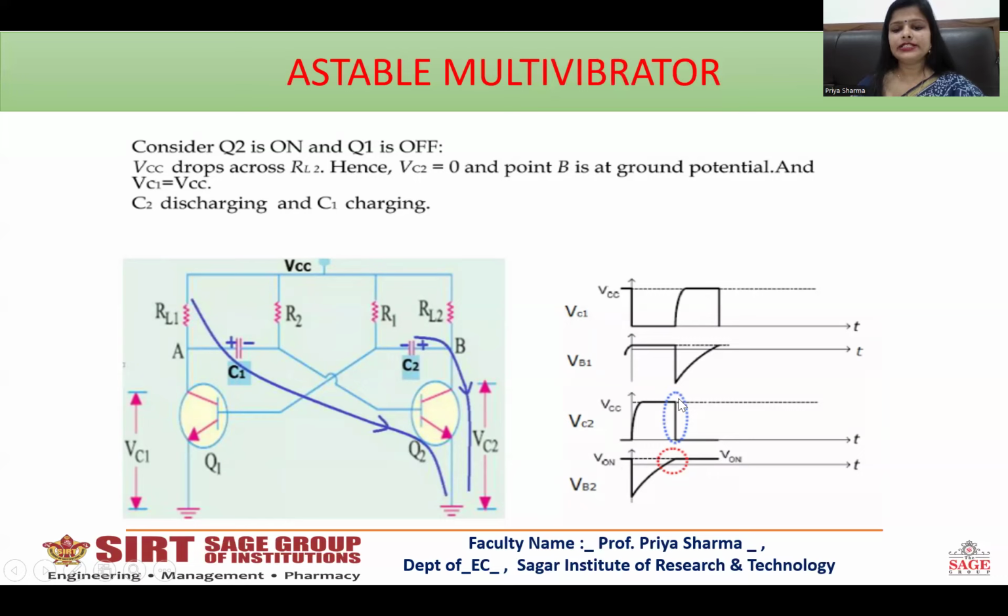VC2 will reach VCC and then drop suddenly when this transistor turns on, and VB1 will again drop because the output of this will be low, so it will drop to a negative voltage. As VB2 dropped earlier, it will start rising and will be in a stable state. And VC1, which dropped down when it was on, has now reached the level of VCC when Q2 is on.